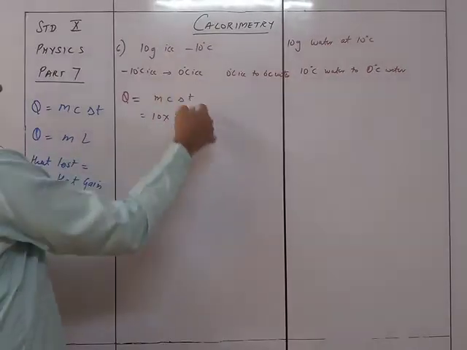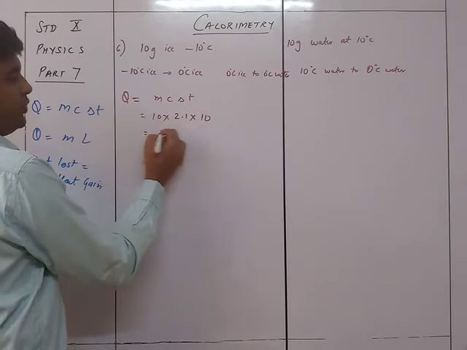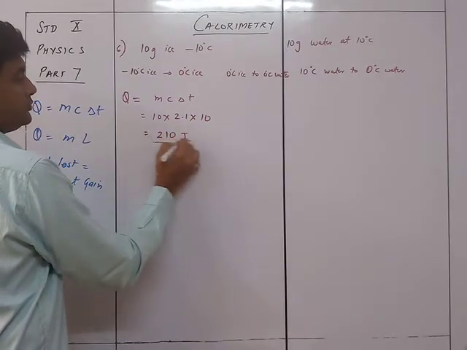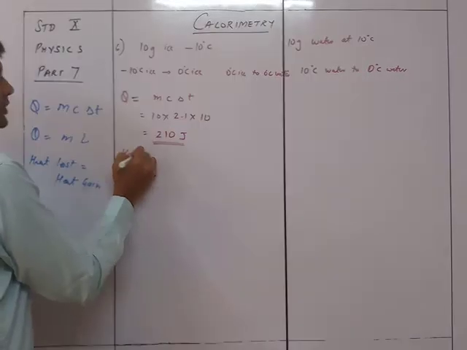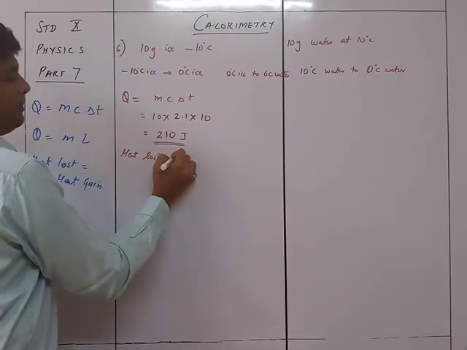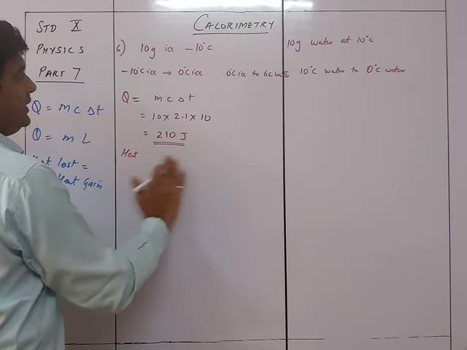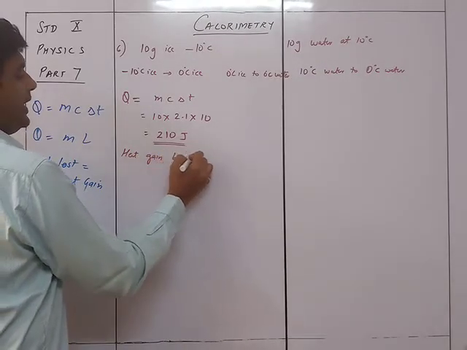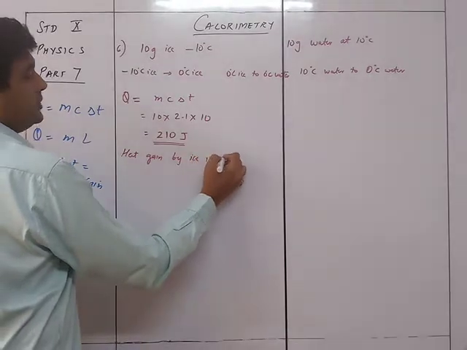Minus 10 to 0 is 10 degrees. So that gives 210 joule. So the heat gained by ice is 210 joule.